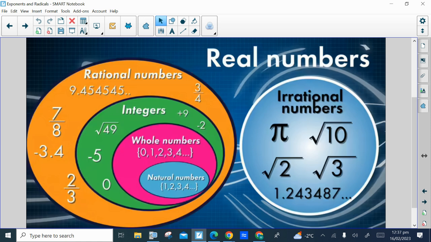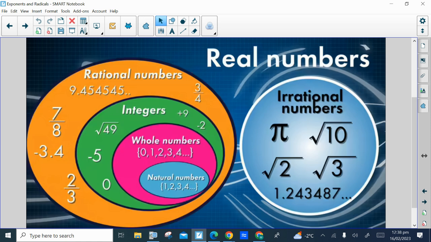But some decimals are also rational numbers. If it's a terminating decimal, meaning the decimal stops, that can be written as a fraction. If it's a repeating decimal, like this number at the top, 9.454545..., the 45s are repeating. That can also be expressed as a fraction, right? So that's what a rational number is.